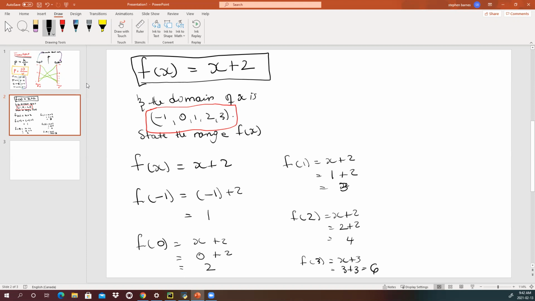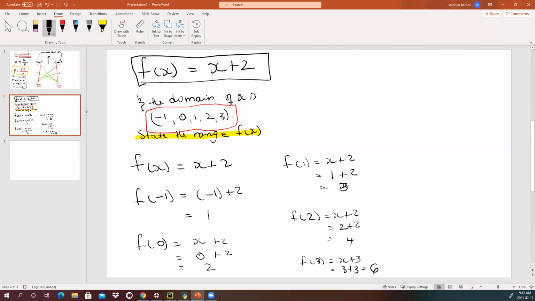All right. So now that I've found all of these range values, the question had asked initially to state the range of f of x. So I'm going to do that now.